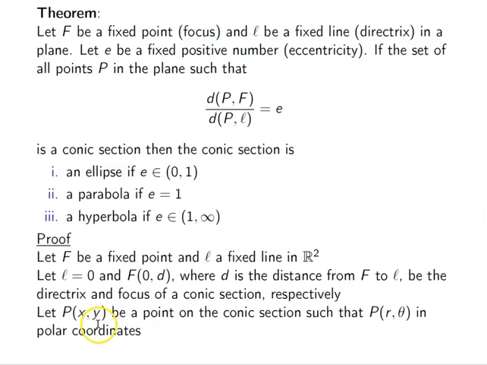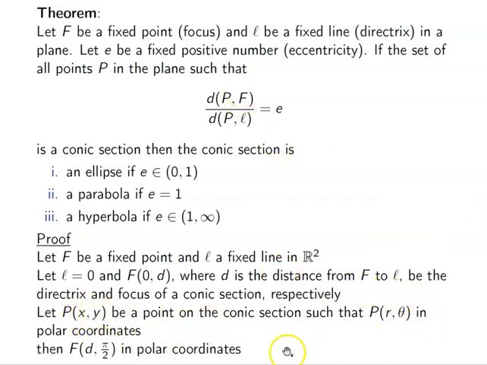I'm going to let P(x, y) be any point on the conic section. Whether it's an ellipse, parabola, or hyperbola, this is just some point on one of those objects. The point P(x, y) can be rewritten in polar coordinates as (r, theta), the polar form of my point in rectangular coordinates.